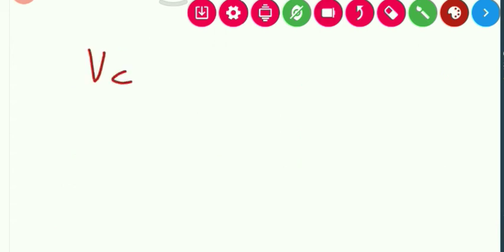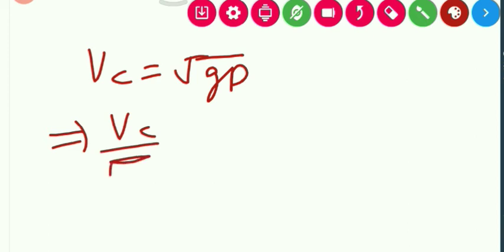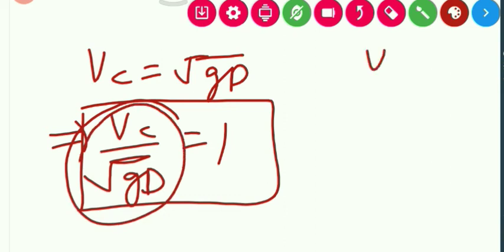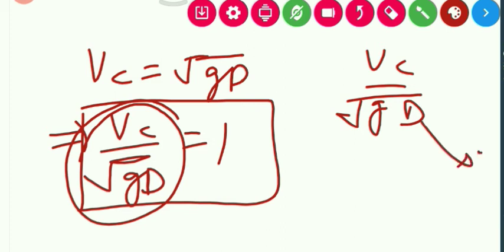We can write Vc equal to under root gd, and if we bring the gd term below Vc, it comes out to be Vc by under root g d equal to 1. And what is the value of Vc by under root gd? Vc by g into hydraulic depth, which we have written earlier as y, is equal to the Froude number.